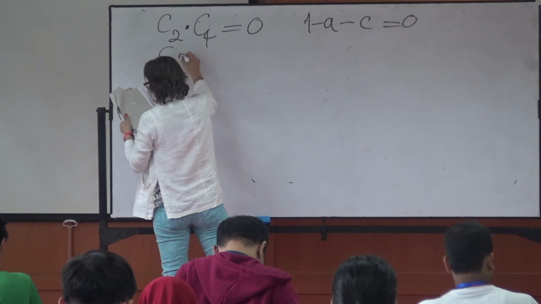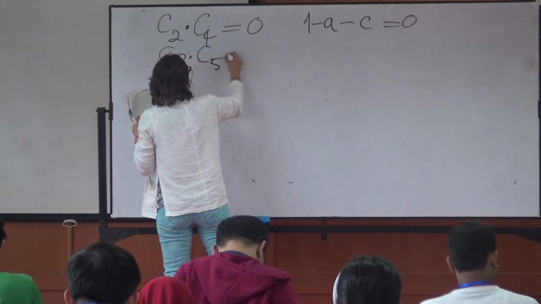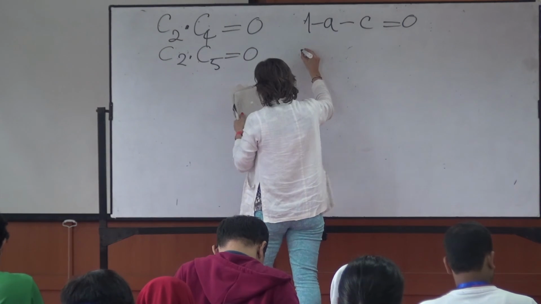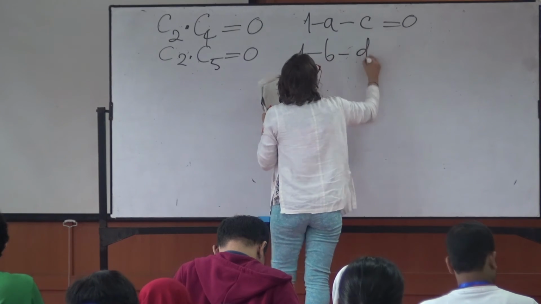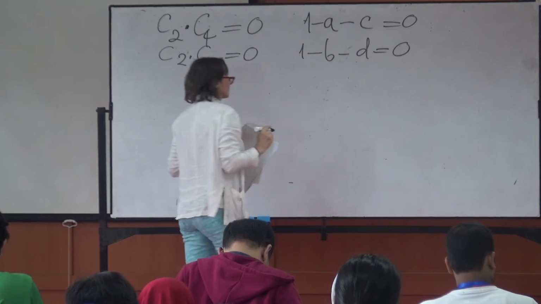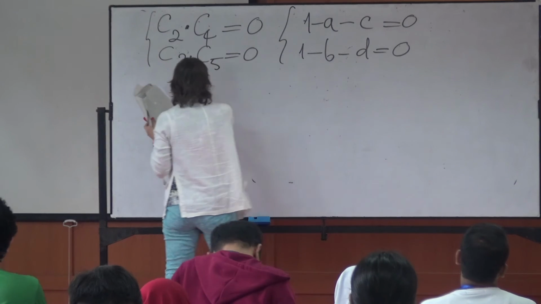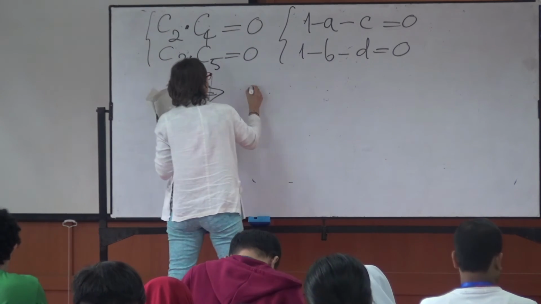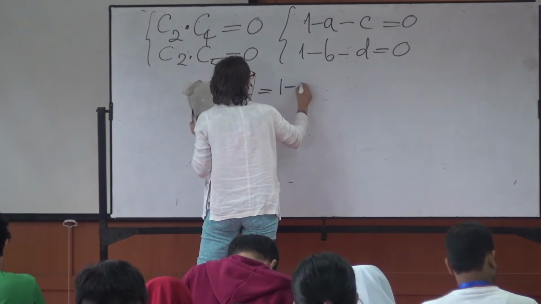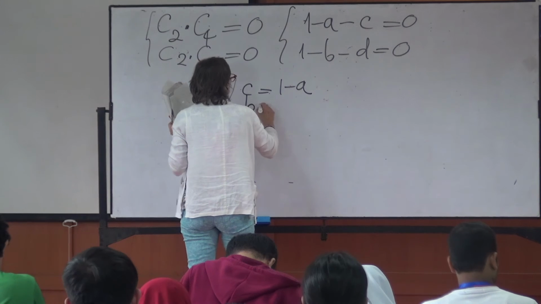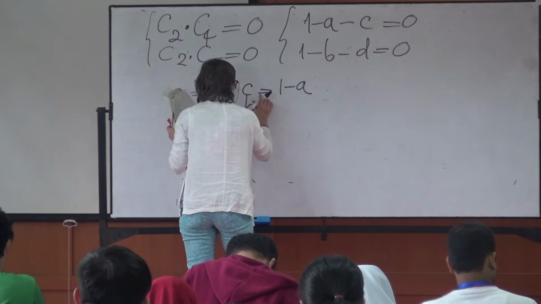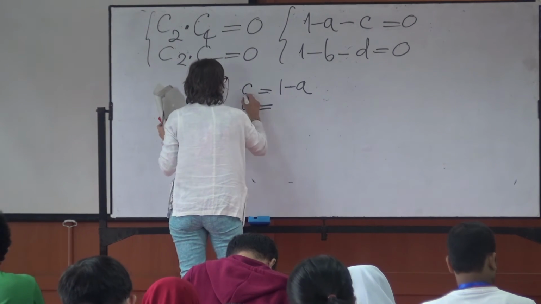And if we do also C2 dot C5 equal to 0, we find that 1 minus B minus D is equal to 0. So this tells us that C is equal to 1 minus A, and D is 1 minus B.